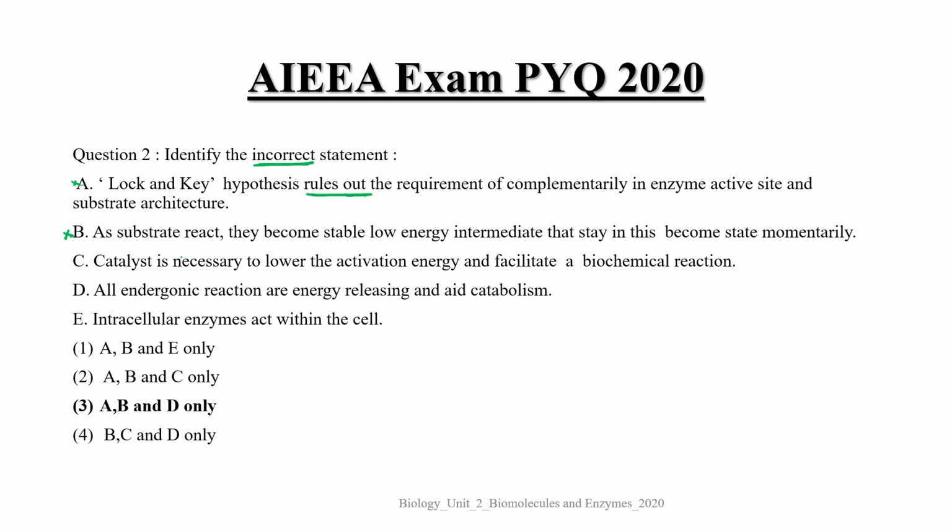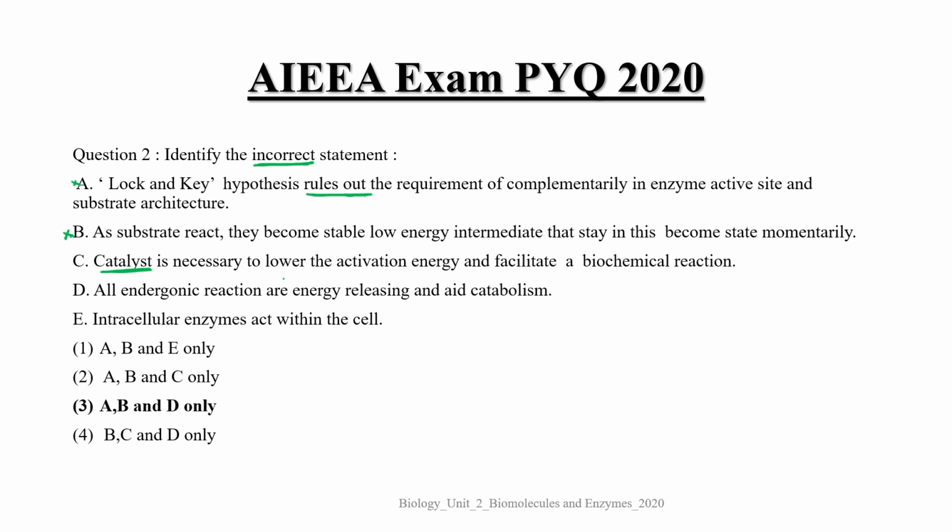C: catalyst is necessary to lower the activation energy. Yes, this one is correct. This is a correct statement that we have just discussed. Enzymes act as a biocatalyst, and whether catalyst or biocatalyst, since this is biology we are discussing bioenzymes, meaning enzymes as catalysts.